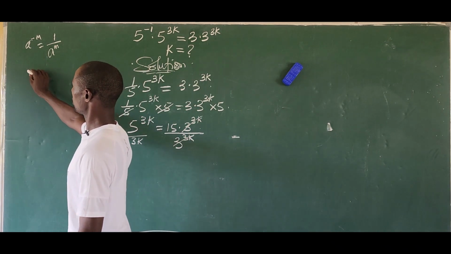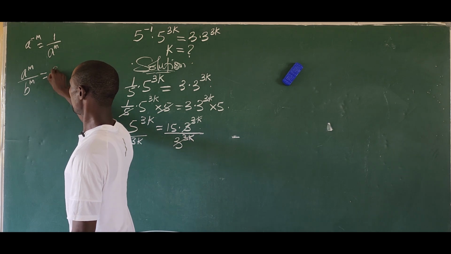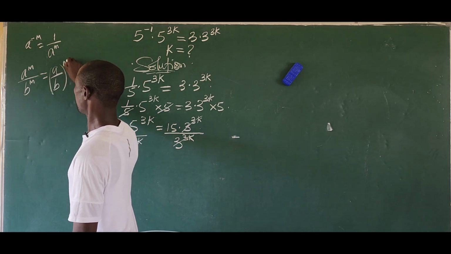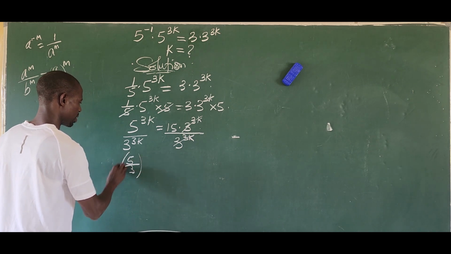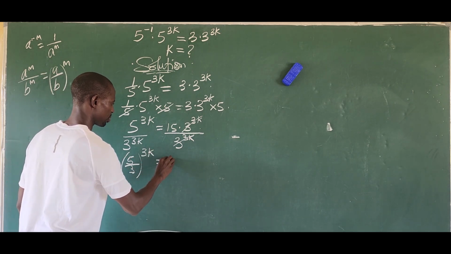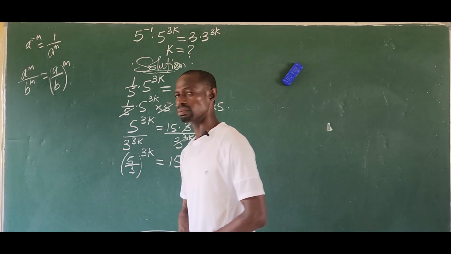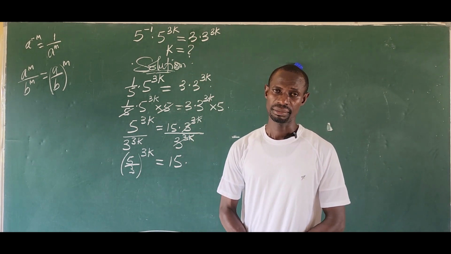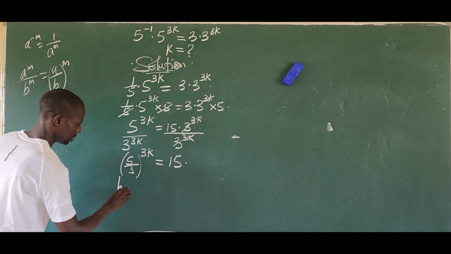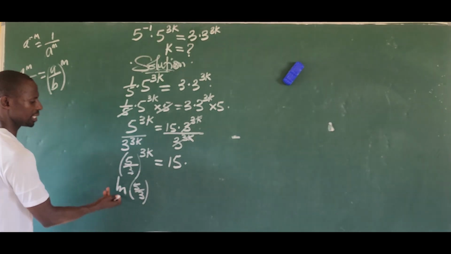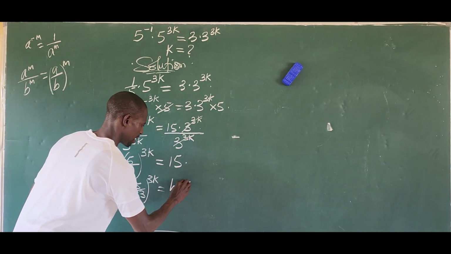We apply the rule that a to the power of m over b to the power of m is the same as a over b all raised to the power of m. So we can rewrite this as 5 over 3 all raised to the power of 3k, equal to 15. Now we take ln of both sides of the equation, or we can equally take log to base 10 or base e, but here I want to take ln. So we get ln of 5 over 3, to the power of 3k, equal to ln of 15.